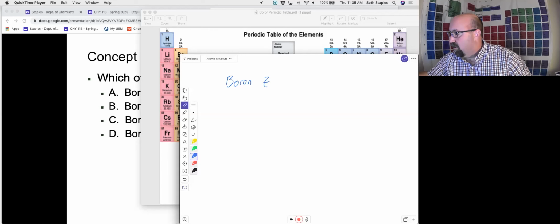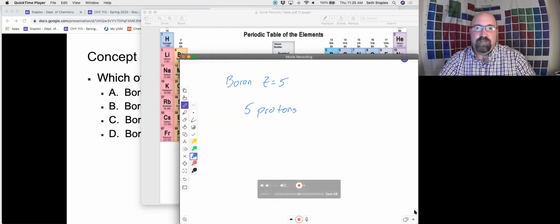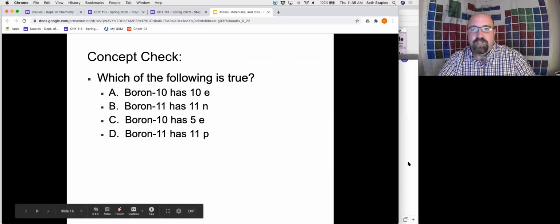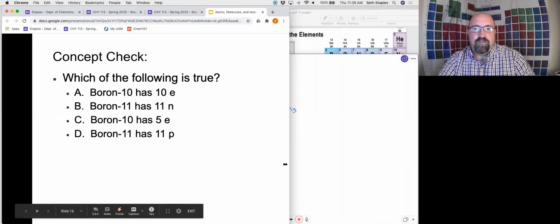So we're looking here at boron. We just looked on the periodic table, and we saw that Z equals 5. So we have 5 protons in the nucleus of boron. Let's start looking through our options here.